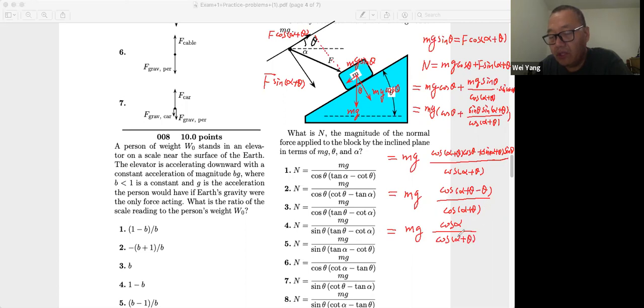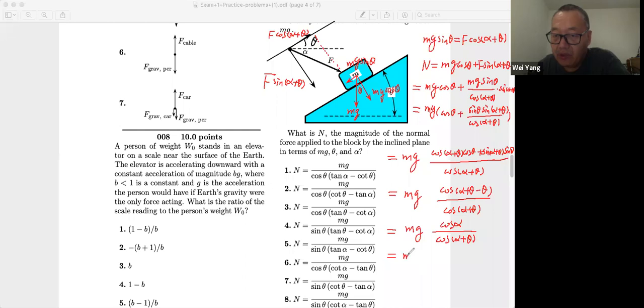So see, we make this one very simple, but it is still different from all the choices of answers. So then we still need to try to convert this one to the answer form. So then I'm thinking, looks like I still need to expand this one, use the sum of angle formula, then divide that by the denominator.